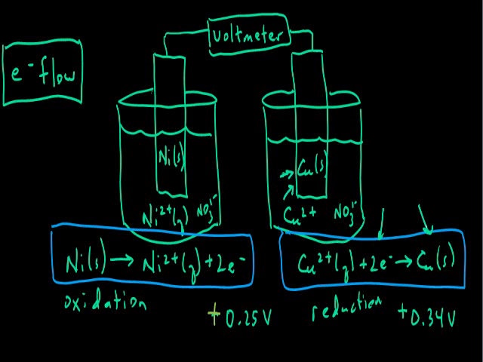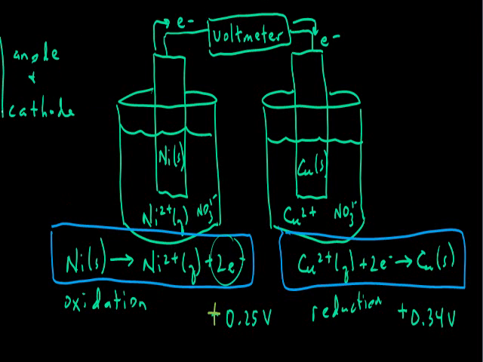Meanwhile, in the opposite half reaction, we have the nickel solid losing 2 electrons and turning into aqueous nickel ions. Consequently, the electrons leave from where they're being lost and flow towards where they're being gained.